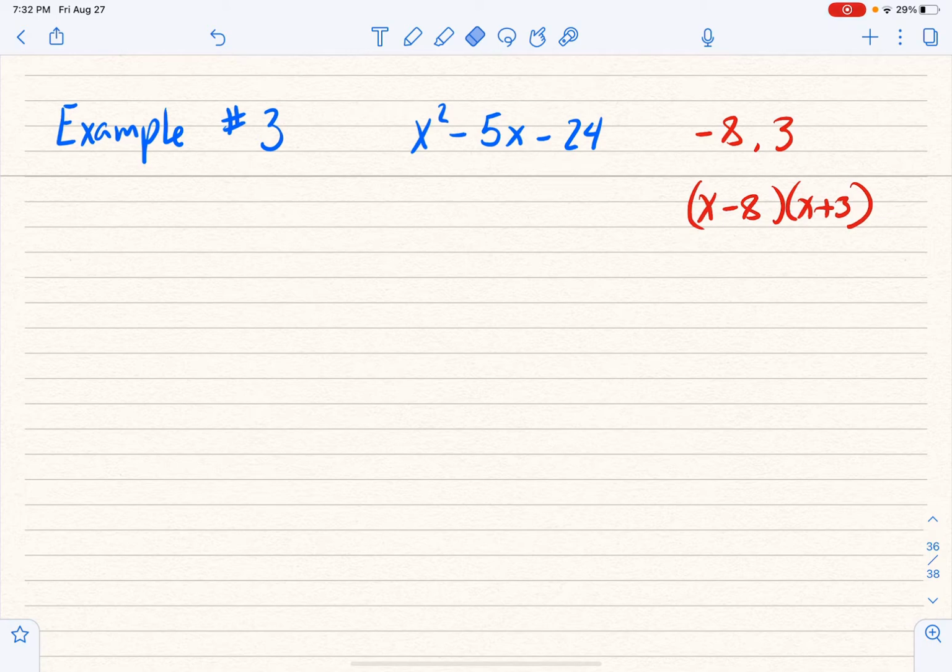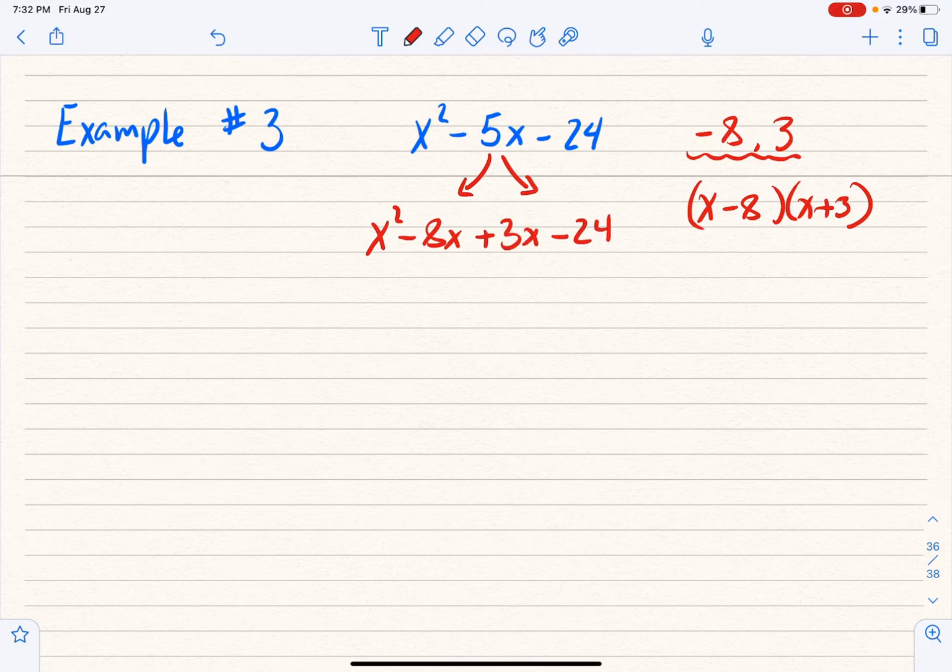If these are my two numbers, then I need to split this negative 5 into those two numbers and rewrite it as x squared minus 8x plus 3x minus 24. And you might ask, how can I split this negative 5 into these two values? Well, because when you add them together, negative 8x plus 3x gives me negative 5x. So I can do that, all right?